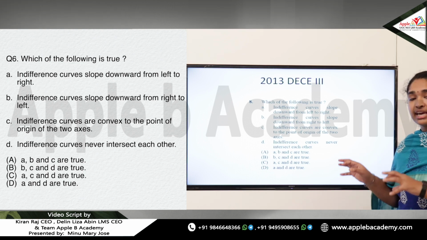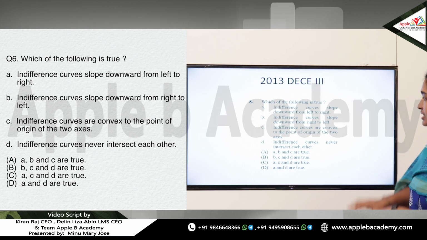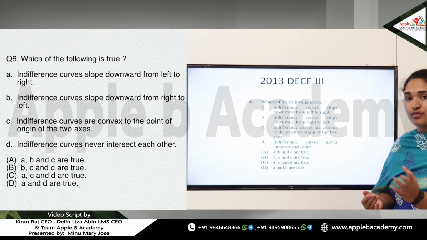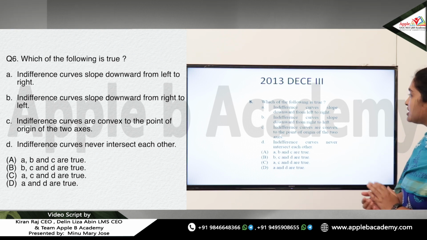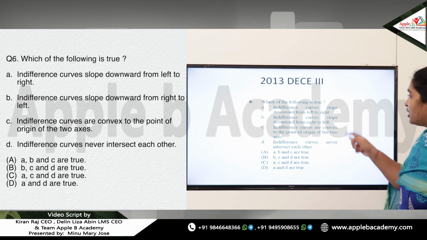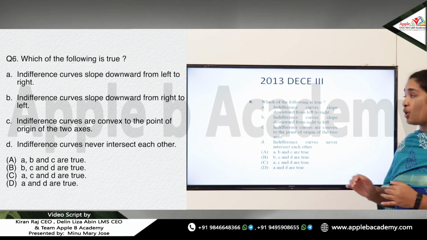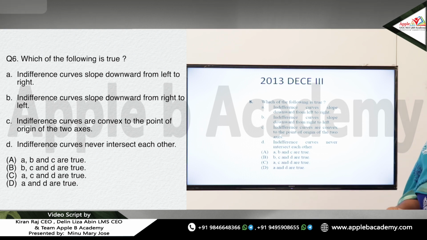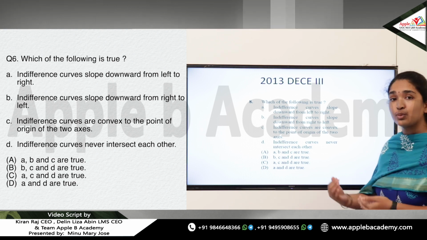This question is based on the exact properties of indifference curve, something which we have already discussed. So it is easier to identify which one is wrong in this case. Option A, indifference curve slopes downwards from left to right, is exactly true, because an indifference curve is a downward sloping curve.